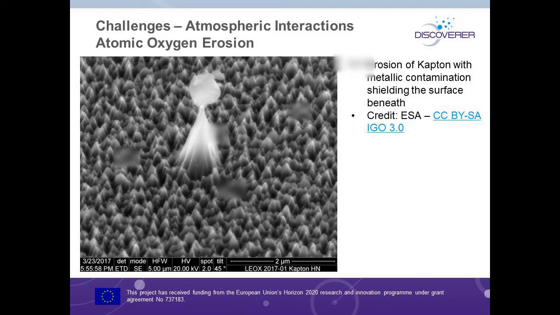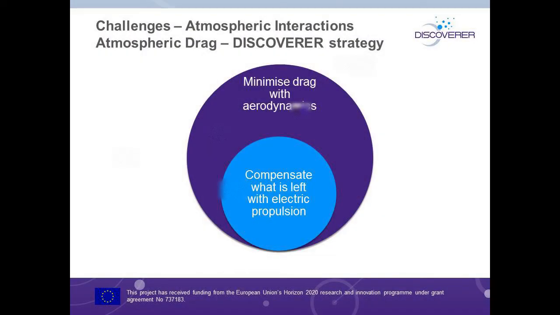So what that means is certain materials are a definite no-no for satellites in low Earth orbit because they get eroded away. We're not interested in using those eroding materials. We're interested in the ones which are resistant to atomic oxygen erosion, like certain metals, for example. And the key strategy we're trying to achieve with VLEO satellites is this: if you imagine this big circle is the drag acting on the satellite, what we want to do first of all is minimize the drag using the aerodynamics.